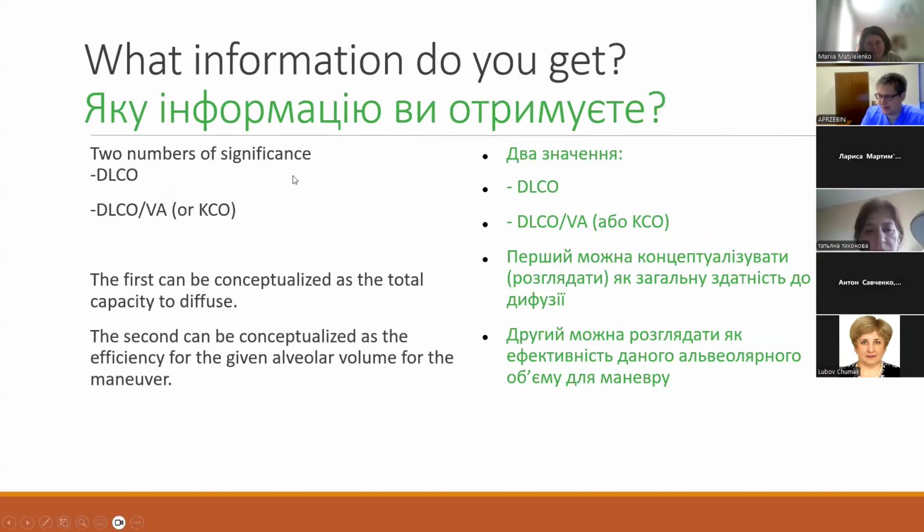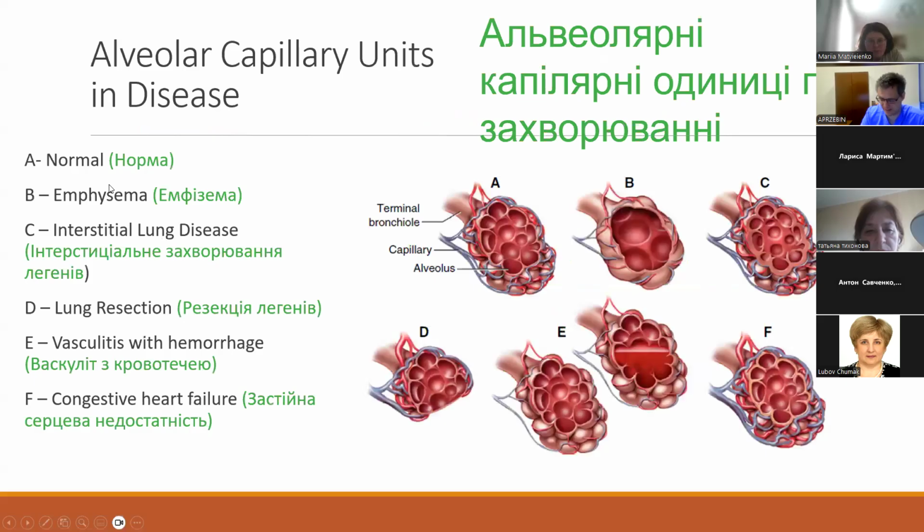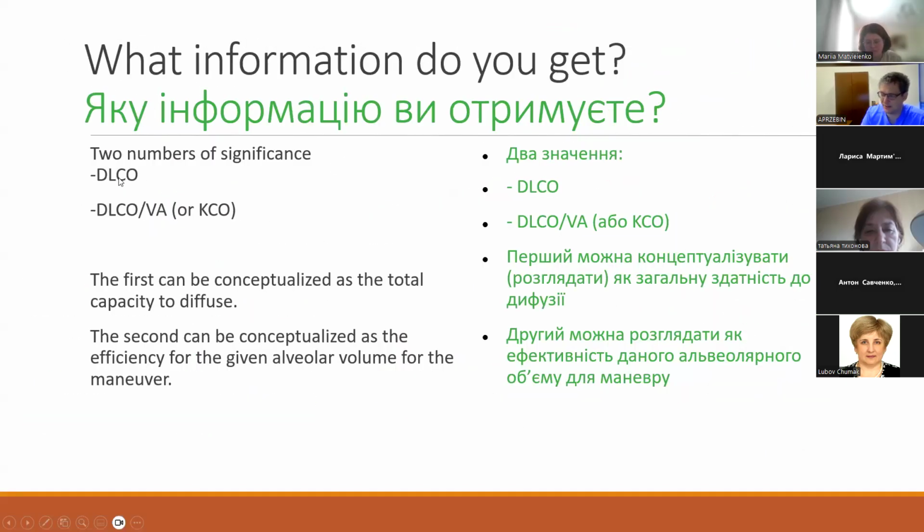And the information that you get is really two numbers of significance: the DLCO, which is the diffusion capacity for carbon monoxide, and this DLCO over the alveolar volume, which is also called the KCO.